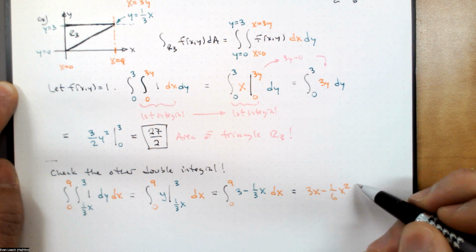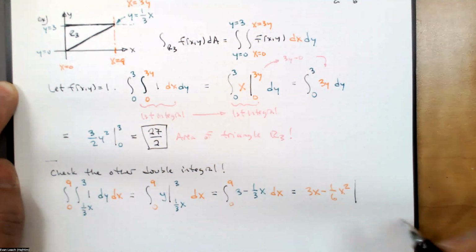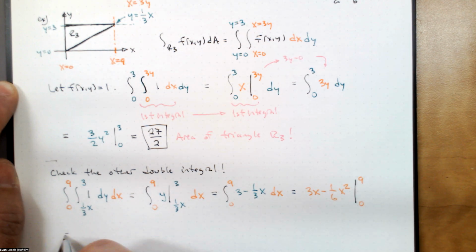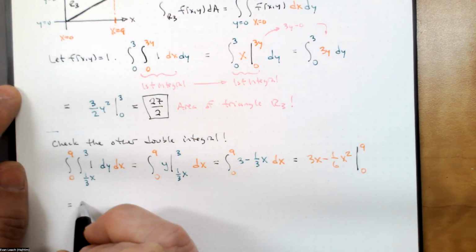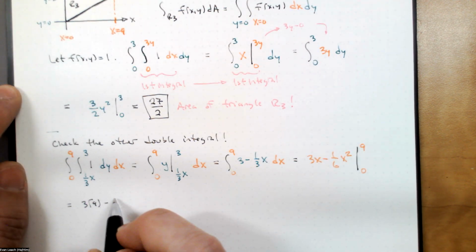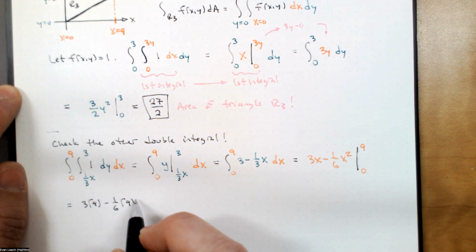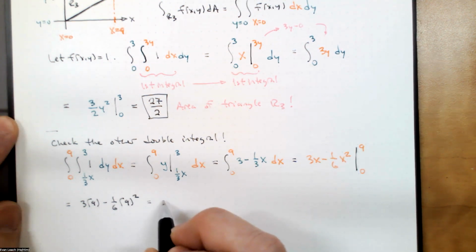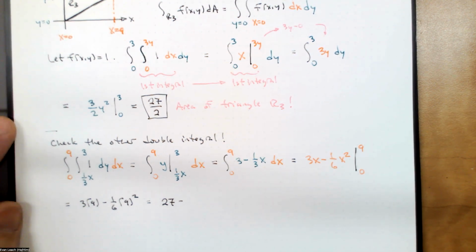And this needs to get evaluated from 0 to 9. The 3 times 9 is 27. 1/6 of 9 squared is 27 over 2.